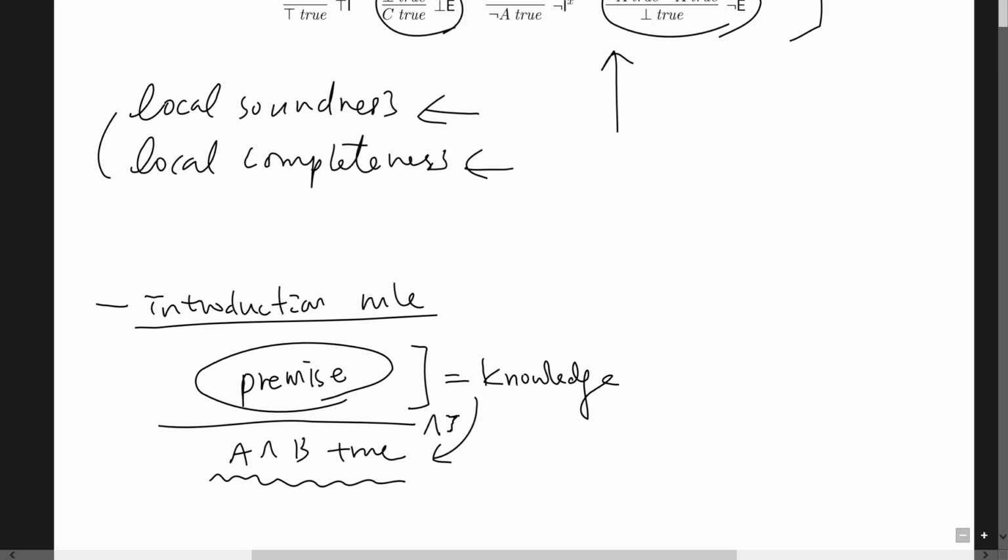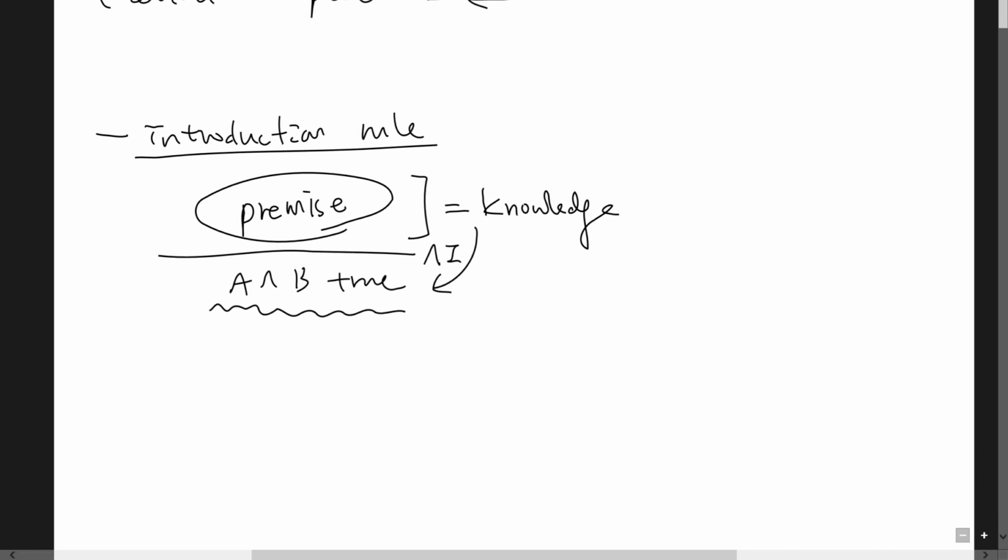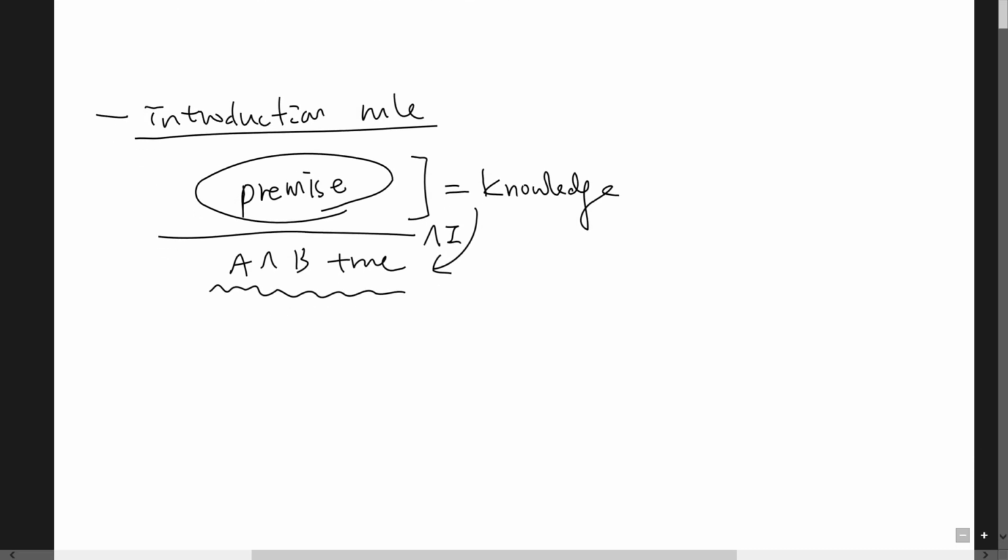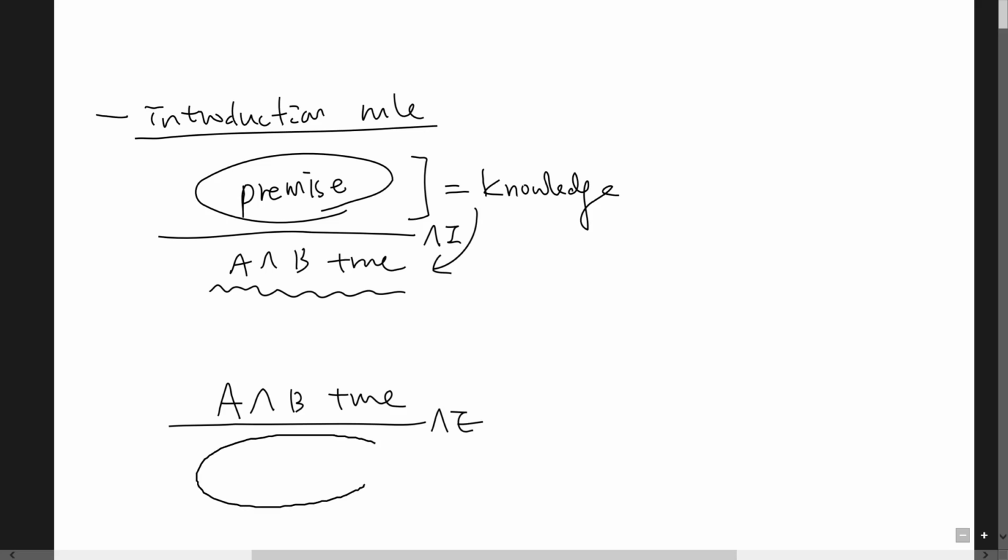This is the introduction rule. In the case of an elimination rule, the opposite occurs. Say we have this judgment and we apply this elimination rule. And what happens is we retrieve the information compressed into this single judgment.